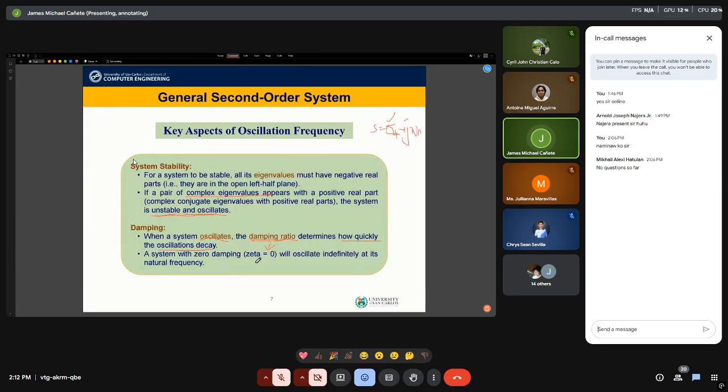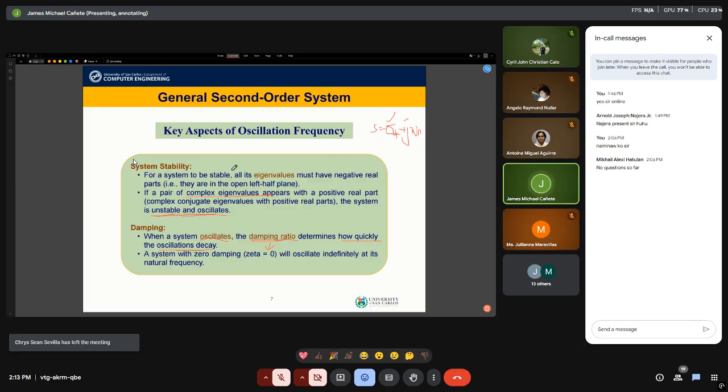Another introduction of system stability: when we look at the transfer function as a whole, we find values for S. These are eigenvalues, the values of S that solve the equation. Purely mathematically, if the solutions have negative real components, the system is stable. If they do not have negative real parts, it may be unstable.